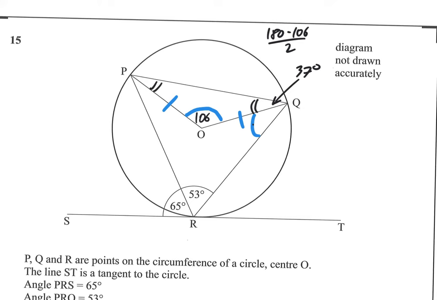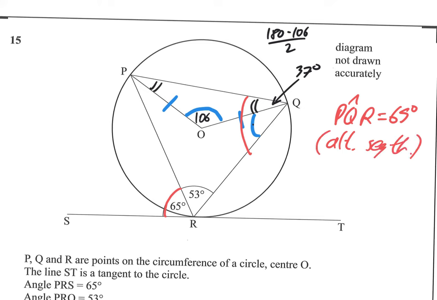By the alternate segment theorem, this angle is 65, which means this whole angle is also going to be 65. So PQR equals 65 degrees, and that's by the alternate segment theorem.